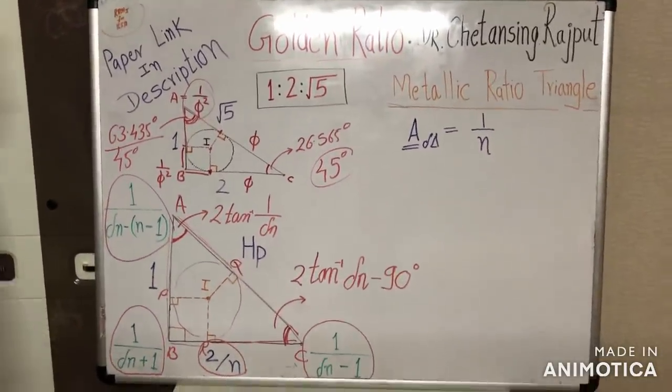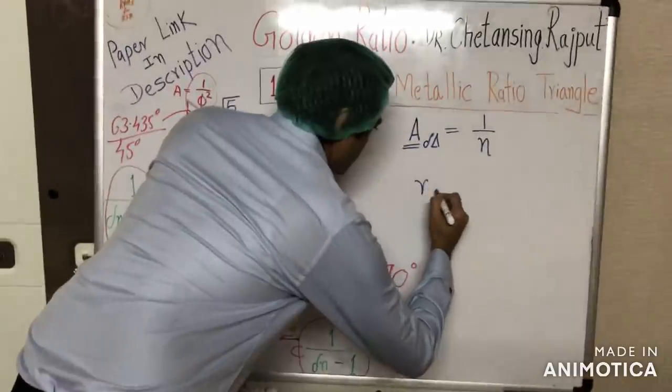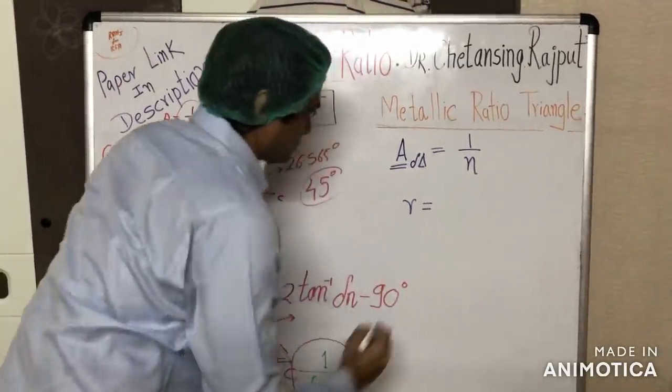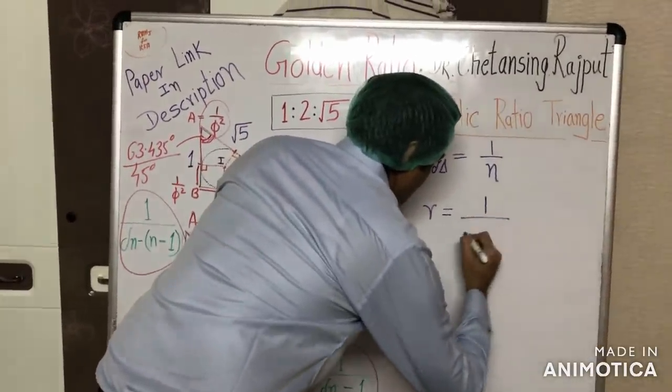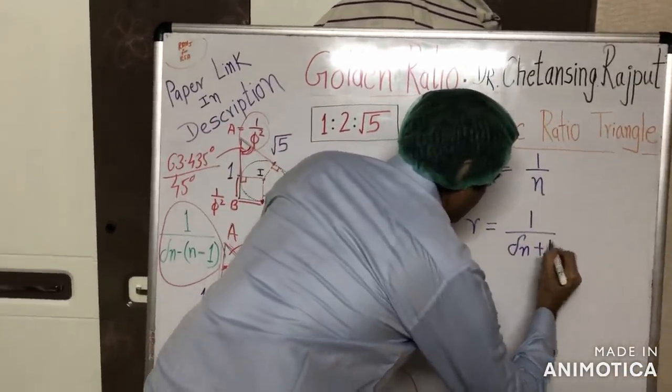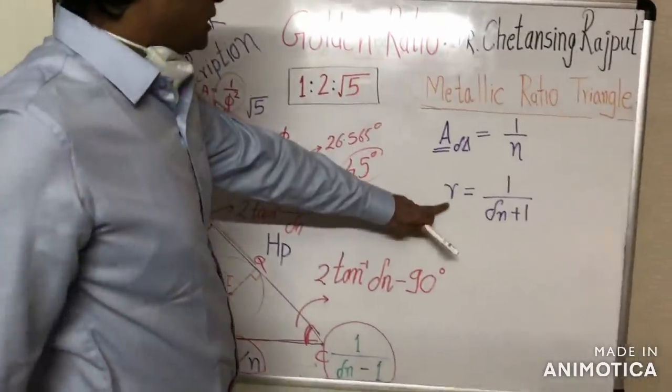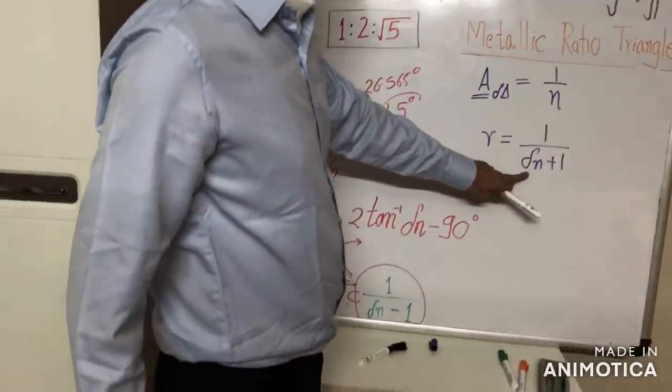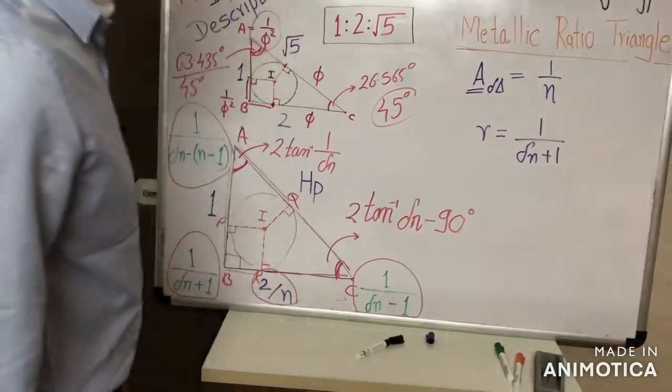And as I mentioned here, the inradius of this generalized metallic ratio triangle is precisely equal to the inverse of that metallic mean plus 1. The inradius is 1 upon that metallic ratio plus 1.